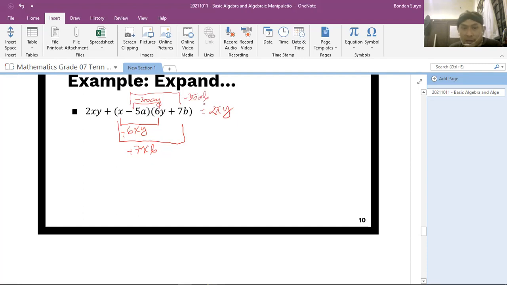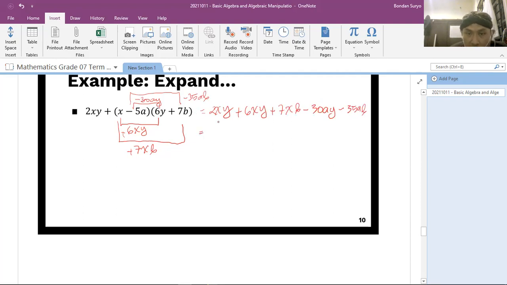Now after this, let's join all together. This one 6xy, then plus 7xb, then minus 30ay minus 35ab. Now can we simplify this?